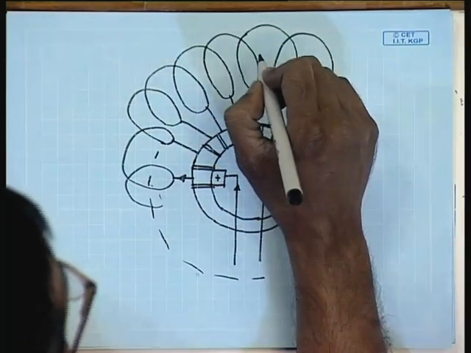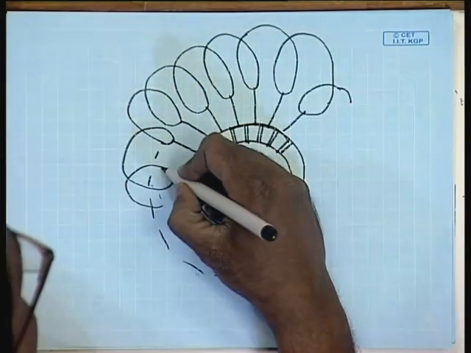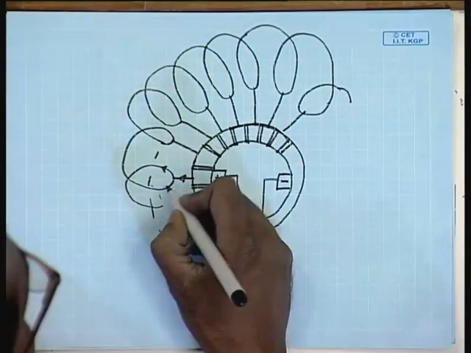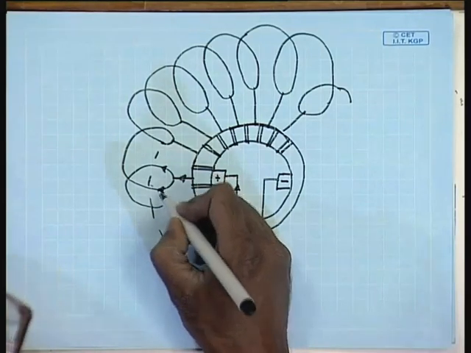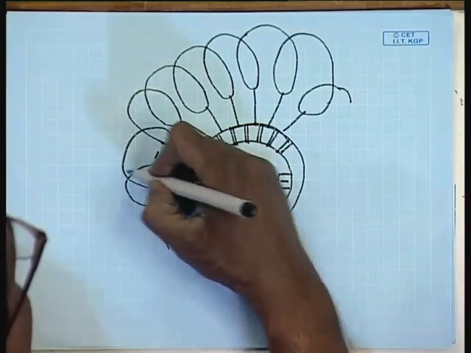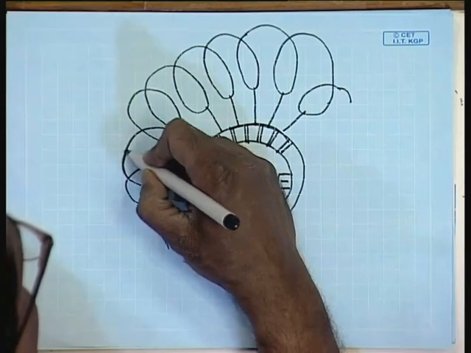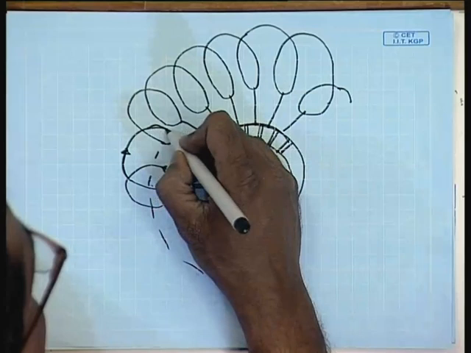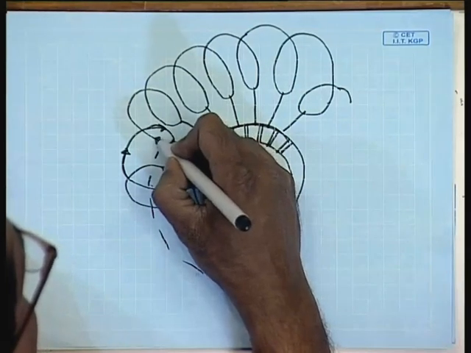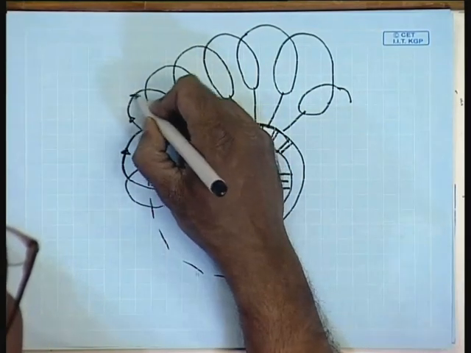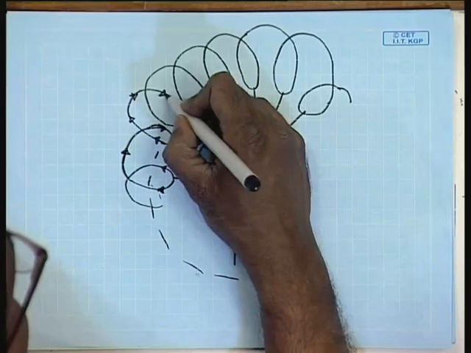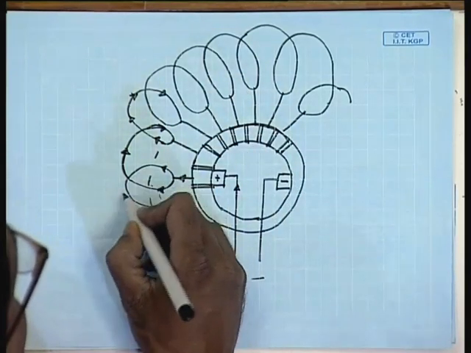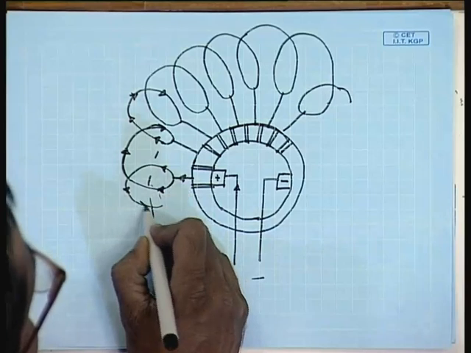On reaching this point, the current has two paths to flow, one it will go this way, another it will go this way. So, the current through this coil is flowing at this point in this direction through all of them. And this direction.